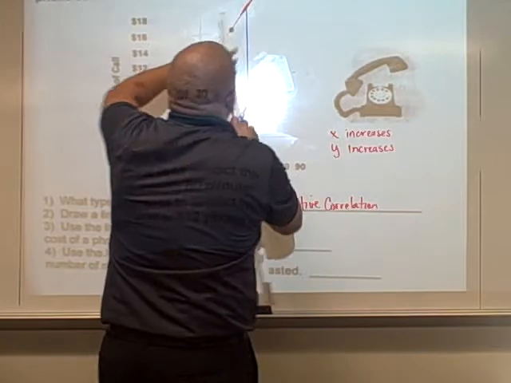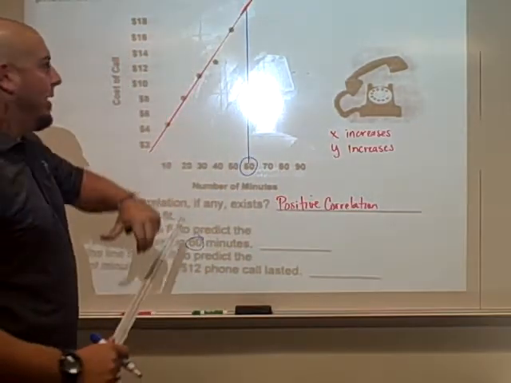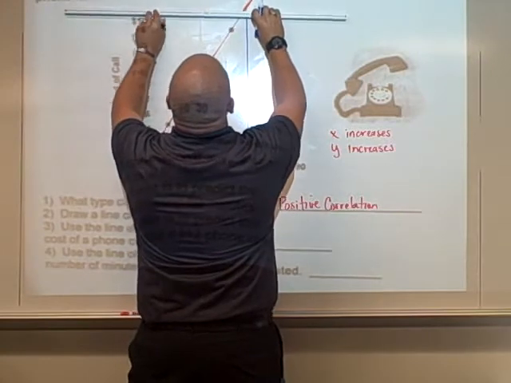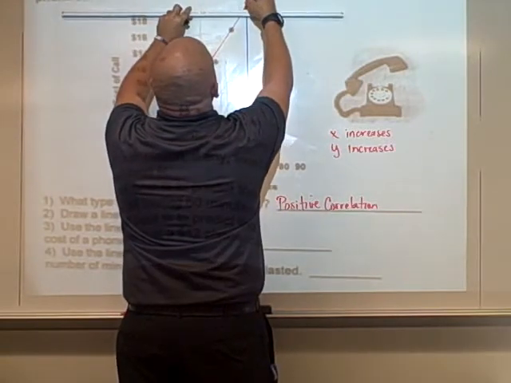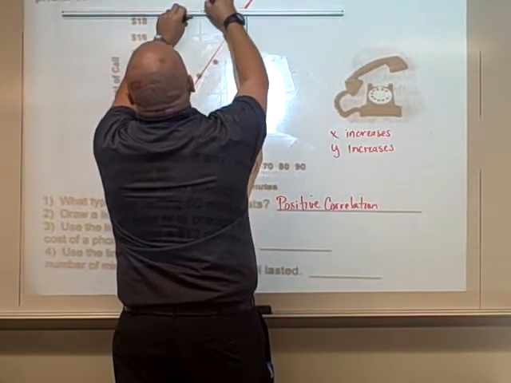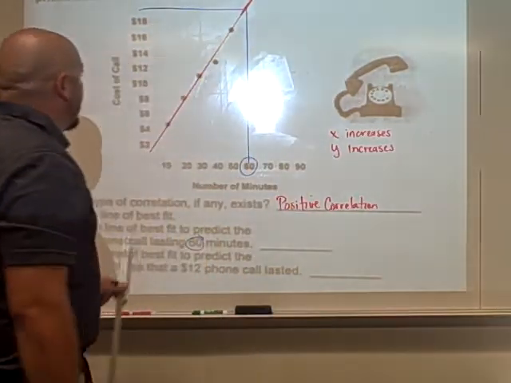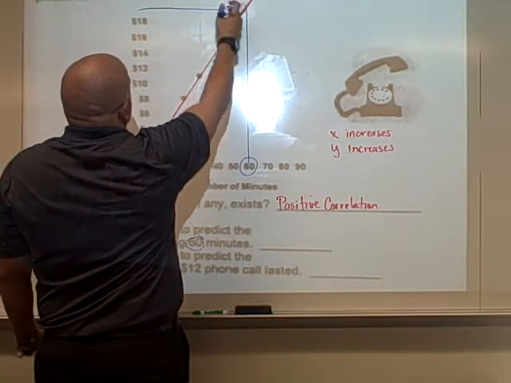I'm going to hit my graph, and when I hit my graph, I'm going to immediately take a left so that I can go to my y-axis. It's kind of up there, so it's hard to see.